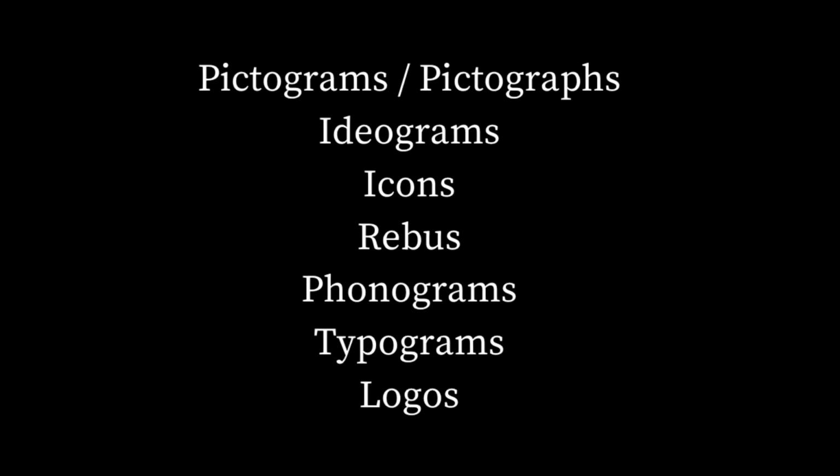So I am going to need my notes to help me with this because I do not have the best memory and some of them have quite similar names, but I thought I would describe to you the 7 different types of symbol before we go into how we can use them, how we can apply them. So going from the top, we have pictograms / pictographs, ideograms, icons, rebus, phonograms, typograms and logos.